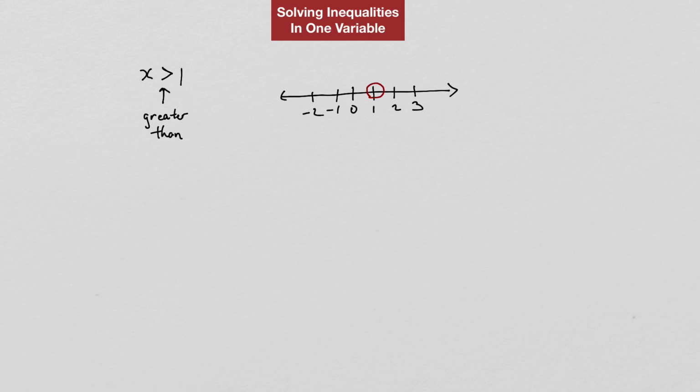Because x is greater than 1, we're saying all values of x that are greater than 1. To represent that on the number line, we draw an arrow to the right. That symbolizes that anything greater than 1, which is to the right of 1, will make this inequality true.